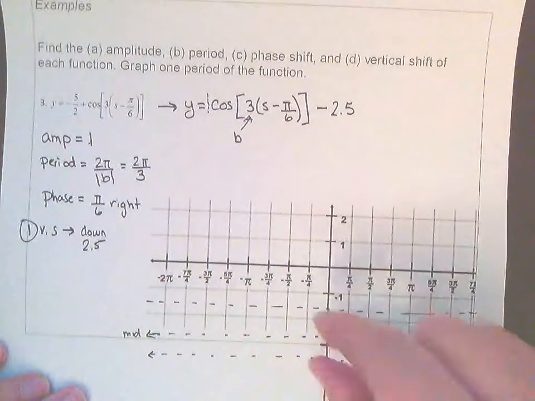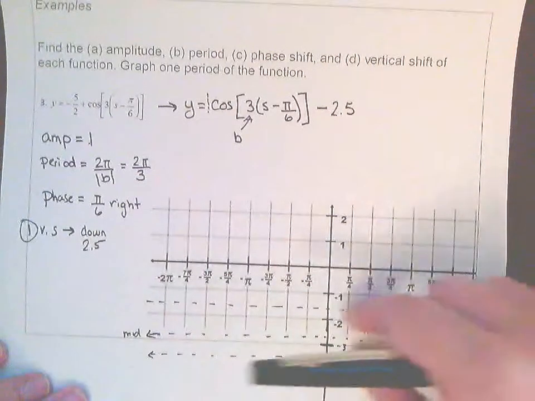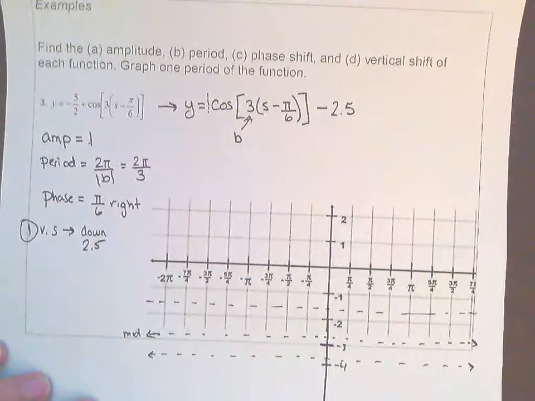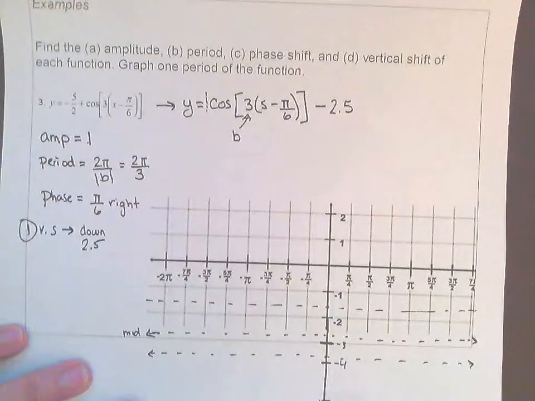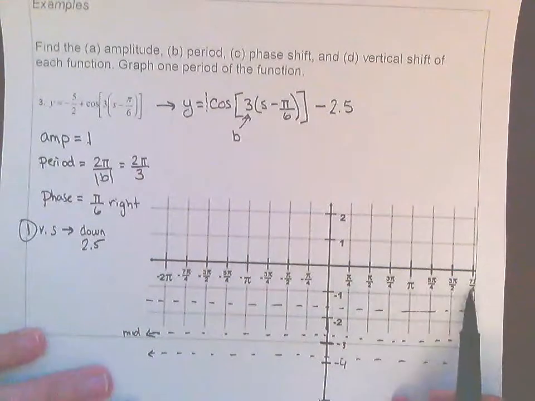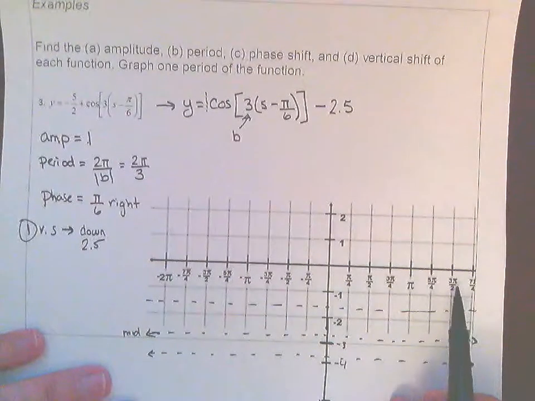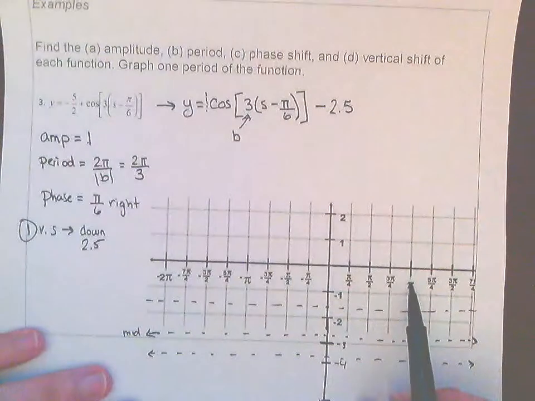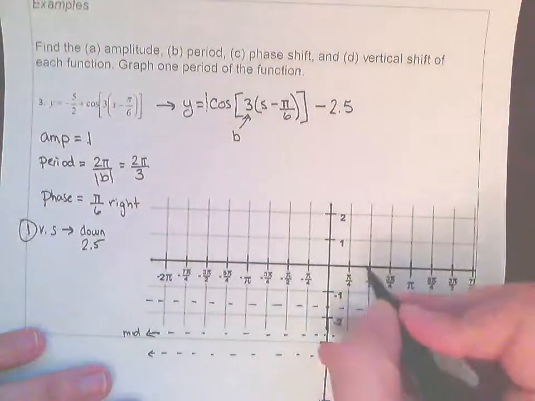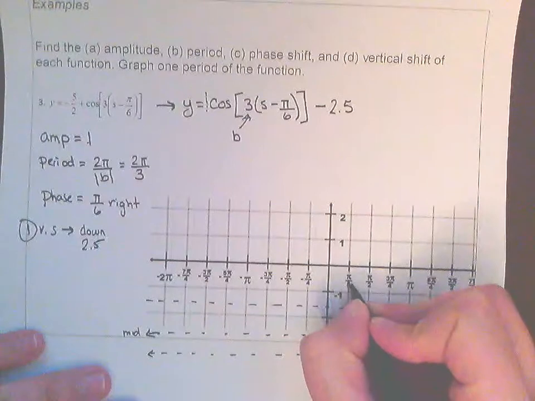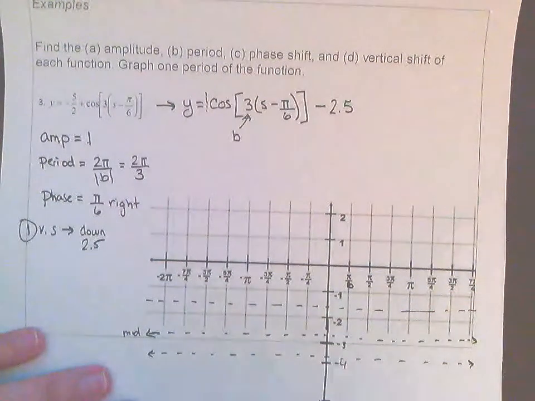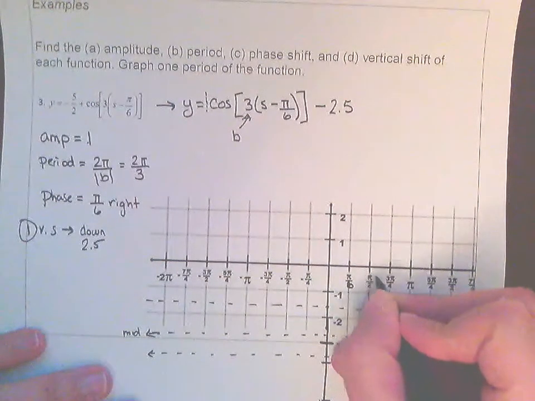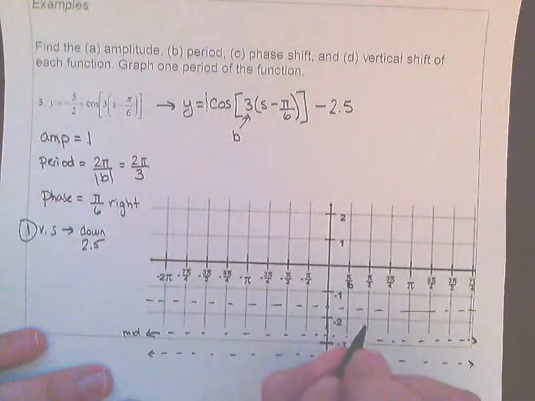Alright, so now I know my graph is going to be approximately, all my points are going to be in this area right here. Alright, next I need to mark off my period. Now again, because this has been pre-marked, it's a little bit hard to graph this. So if this was not pre-marked, then what I suggest doing is writing in pi over 6, and then maybe skipping one even.